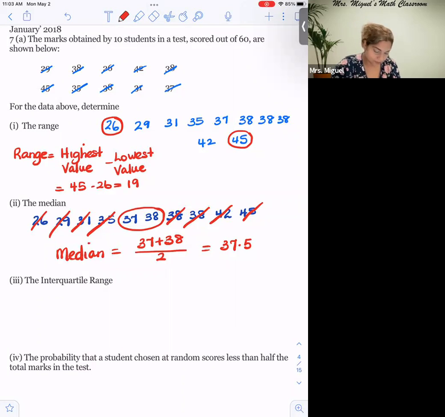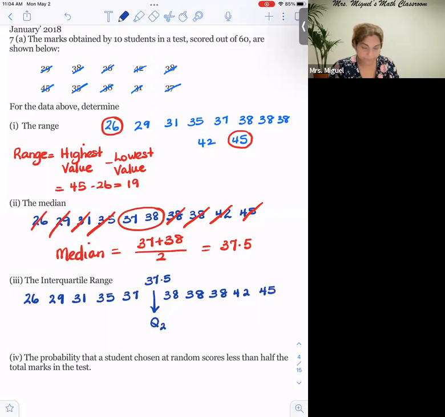Now, writing back the data. We have the median.